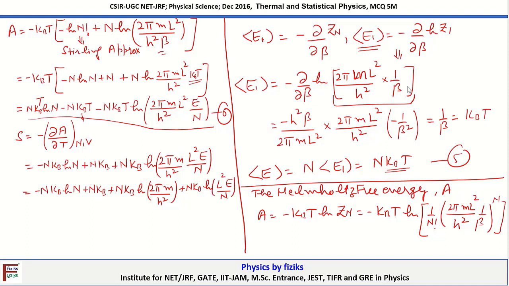So basically we split the last logarithmic term here. And this can be further rewritten as n kB ln n. So we can club all these terms into one single term. If we call this S0 plus n kB ln L square E by n.